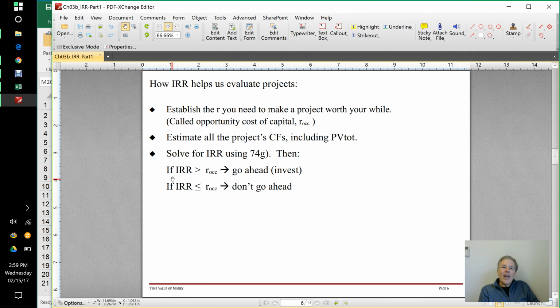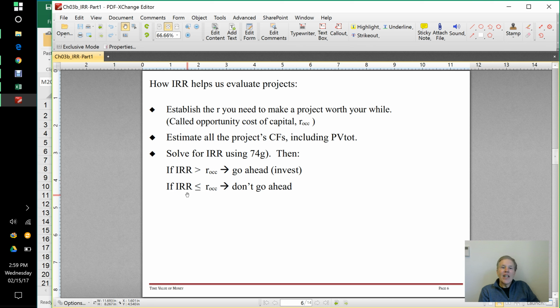Now if the internal rate of return, the effective interest rate for this project, is greater than our opportunity cost of capital, remember that's the minimum interest rate we think makes any project worth our while, so if the internal rate of return is greater than the minimum we've set as a firm operating in this area, then we want to go ahead.